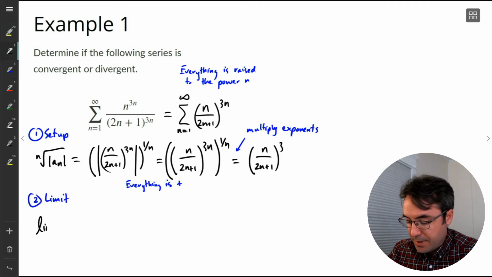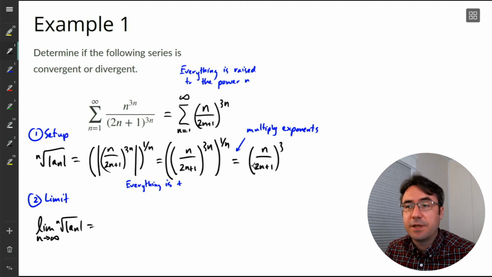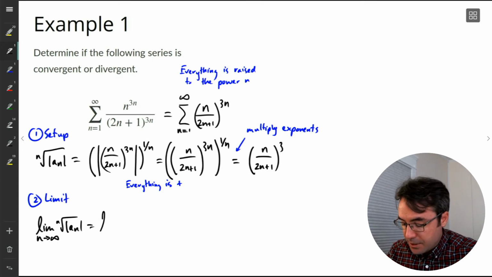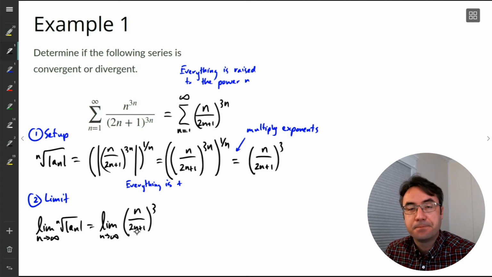So we're going to do the limit of the nth root of absolute value a_n as n goes to infinity. And let's put in our simplified version. So we're going to do the limit of (n over 2n plus 1) cubed as n goes to infinity.